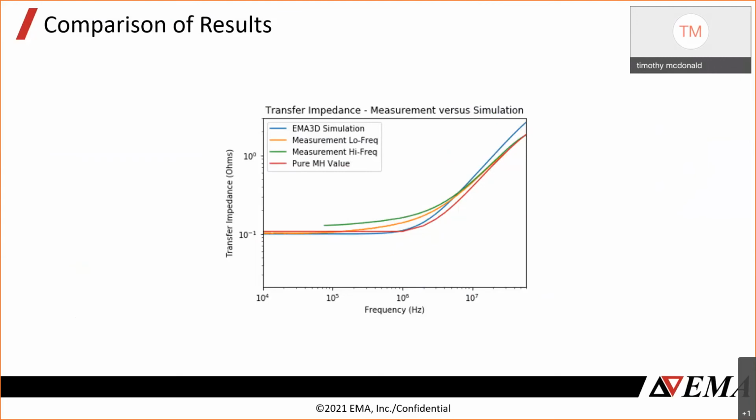One of the nice things about EMA3D cable is we have a built-in tool for shielding effectiveness that will give us the frequency-dependent shielding and a statistical assessment of an enclosure, or we can do the same thing for a cable. So yes, we're natively supporting shielding effectiveness as one of our primary outputs. And all of that data processing required to make those plots is built in. So you're just right-clicking and telling the software you want that shielding effectiveness plot.